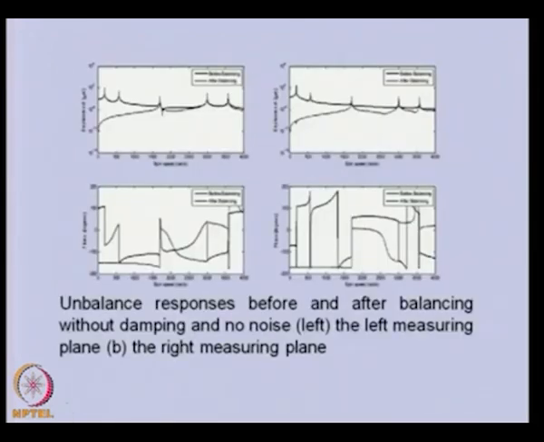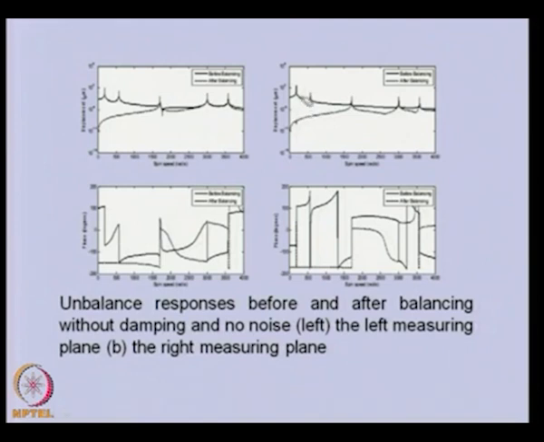This is an important plot. You can see we focused on balancing two modes, and you can see in the distributed case the third mode and higher modes are not getting balanced, only the first and second modes are getting balanced. This is with unbalance, this is without balancing and this is with balancing.